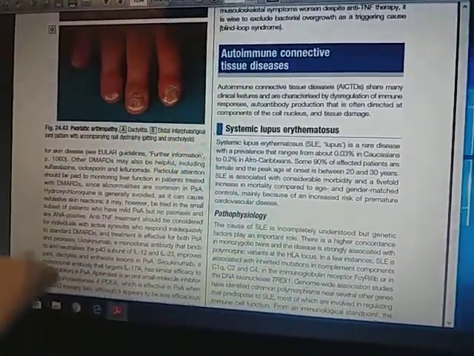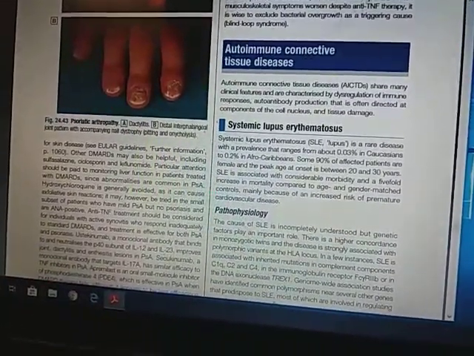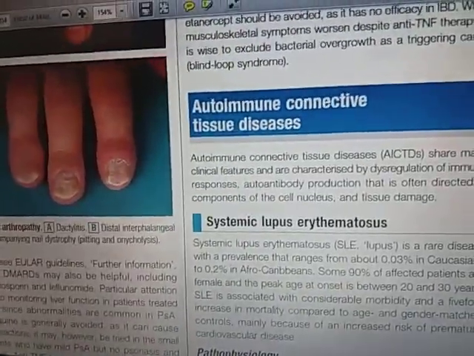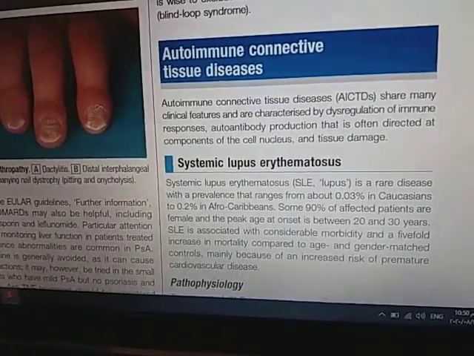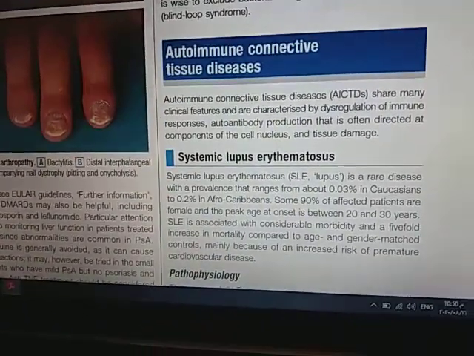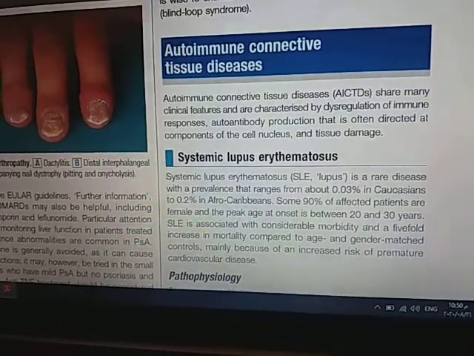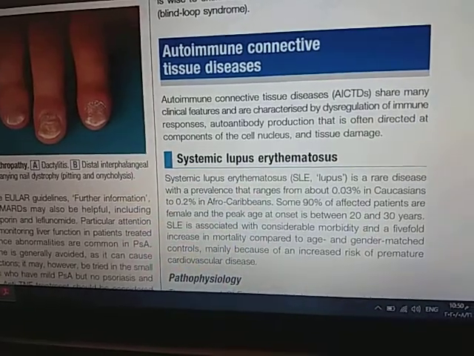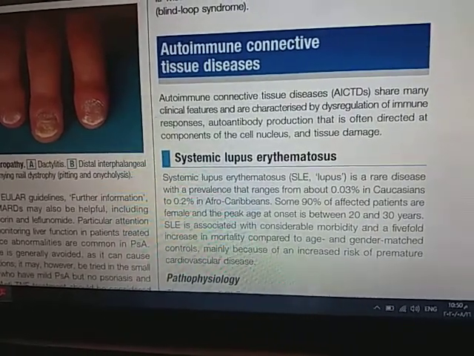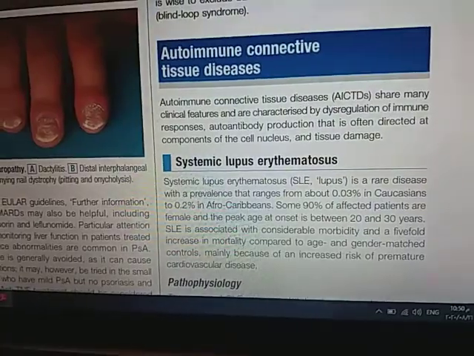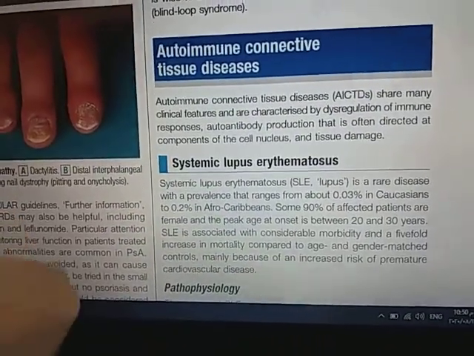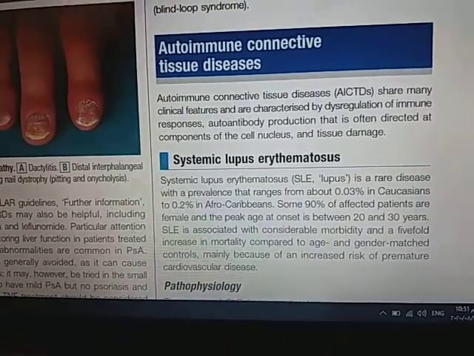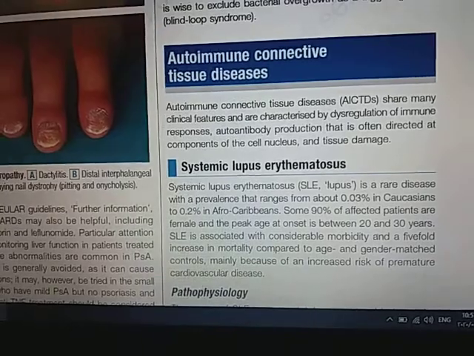The clinical features of SLE are mainly musculoskeletal 95%, cutaneous 81%, fever 77%, and other features. The first one is the musculoskeletal features.